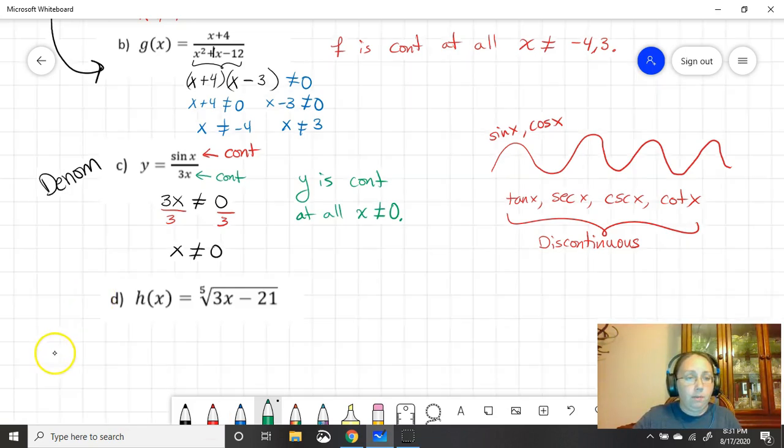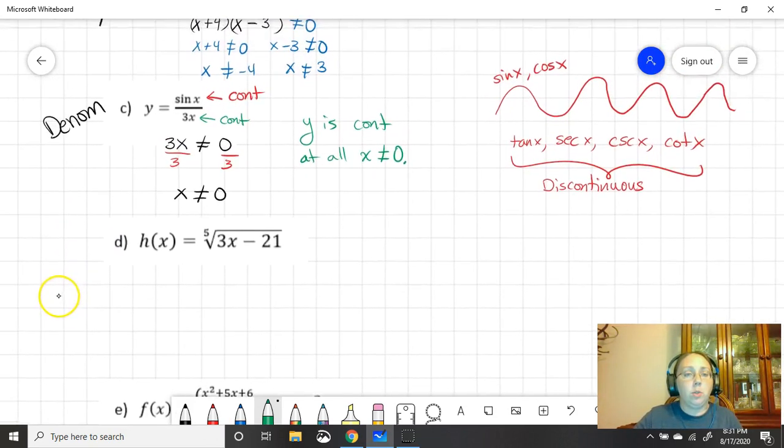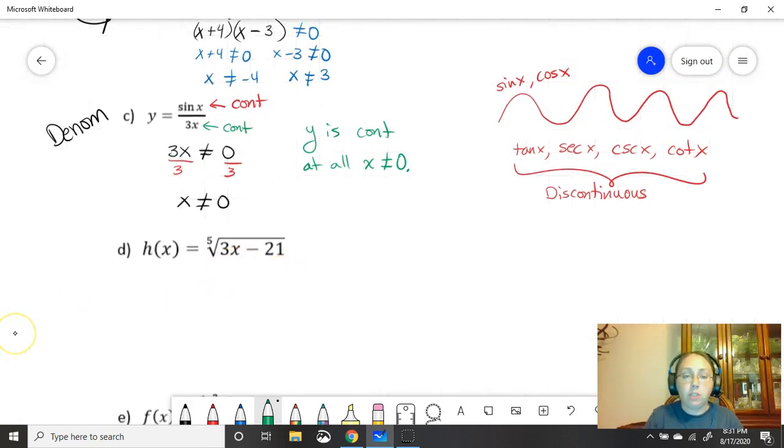I think I have one more here, maybe two more. Okay. So here we have a root. First, let's look at what's inside the root. Is what's inside continuous? This is just a linear function again. So again, this is a continuous function. It's a straight line. Does an odd root cause us any problems? So that's the question that you have to ask here when you look at a root.